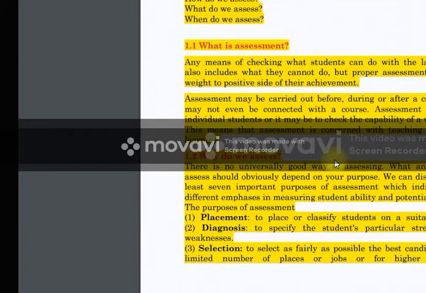Another important purpose for assessment is diagnosis, where the teacher assesses students in order to diagnose their weaknesses and strengths with reference to a specific course. So by conducting assessment, I can collect information.